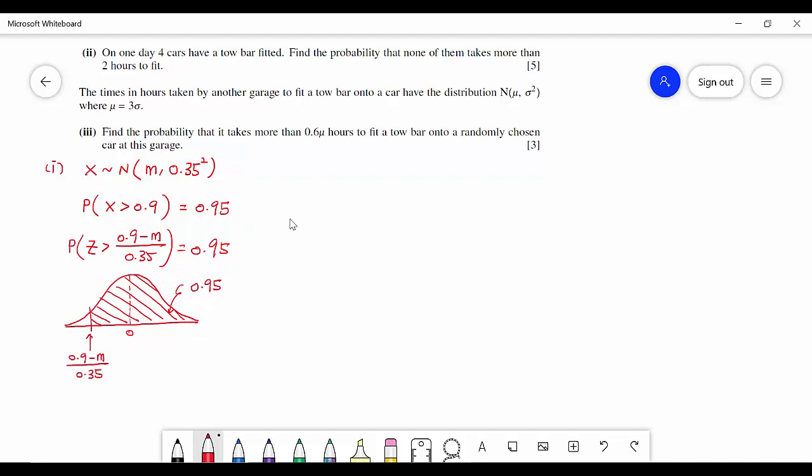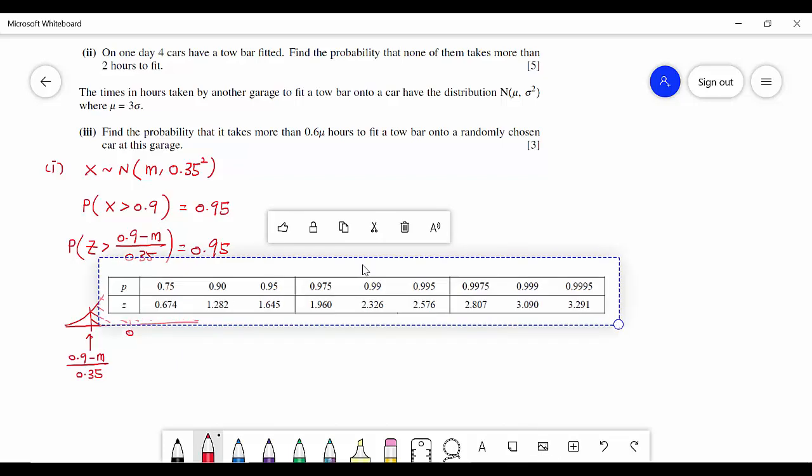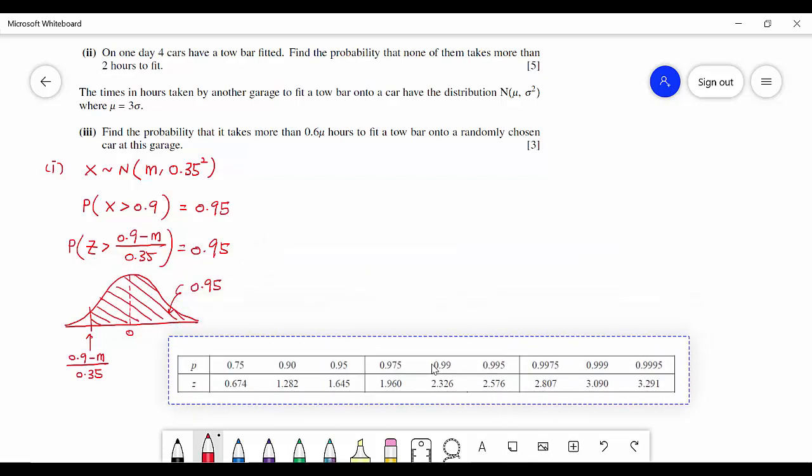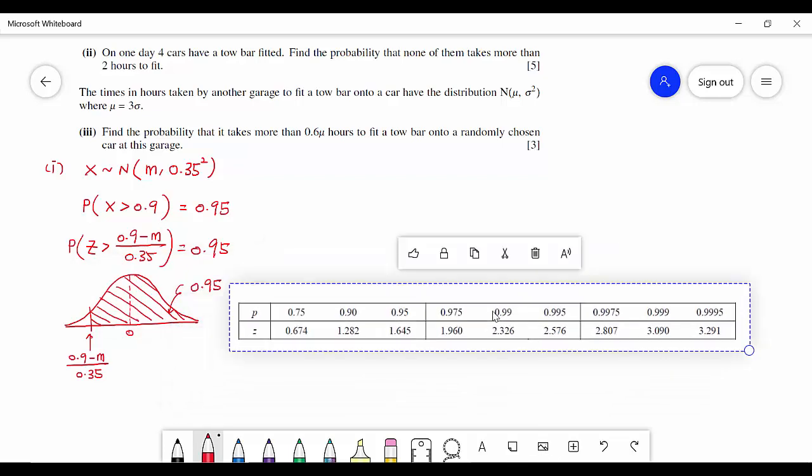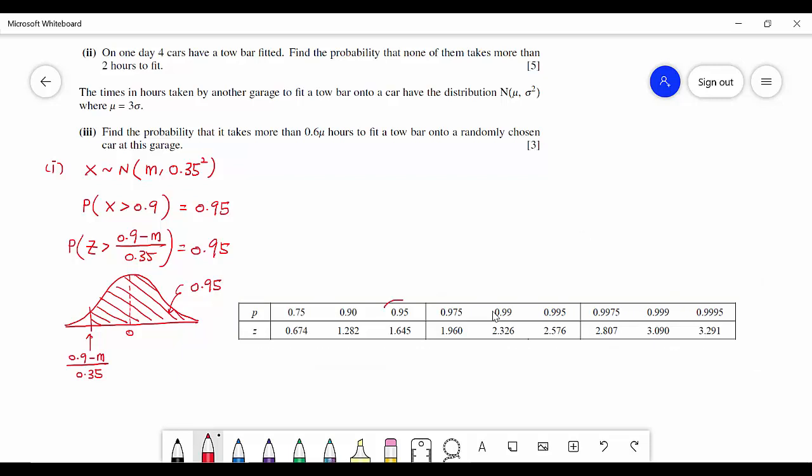Okay, so now I have to use the normal distribution table to find out the value for this z. So how can I find it out? You can try to find it from the very bottom part of the normal distribution table provided in our formula booklet. 0.95 is a special value, which will appear in this smaller normal distribution table.